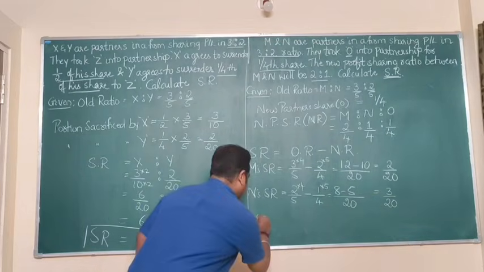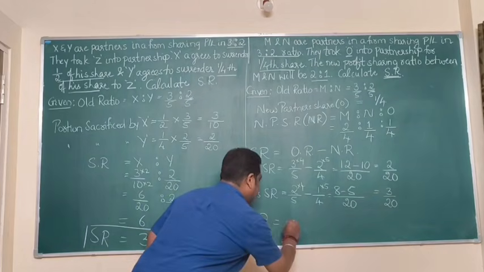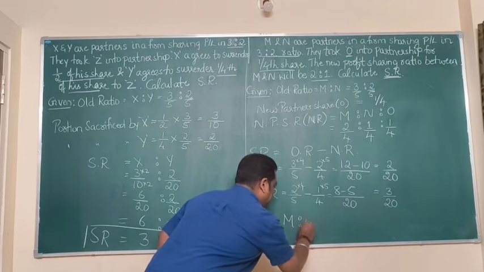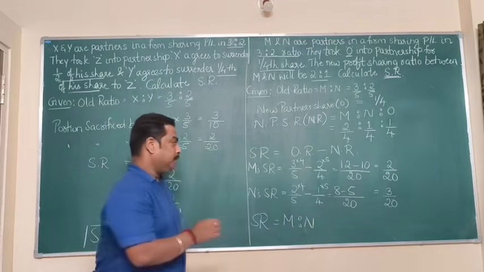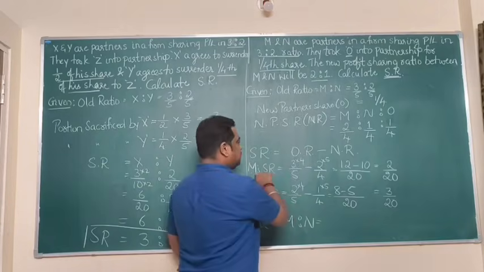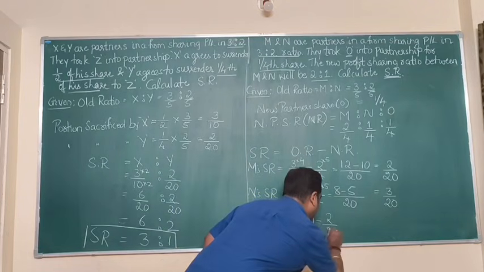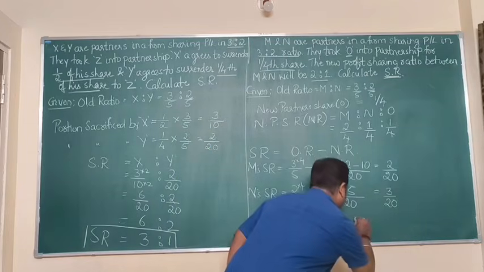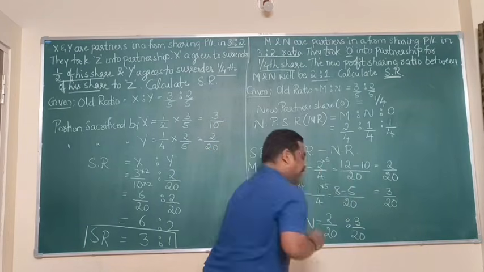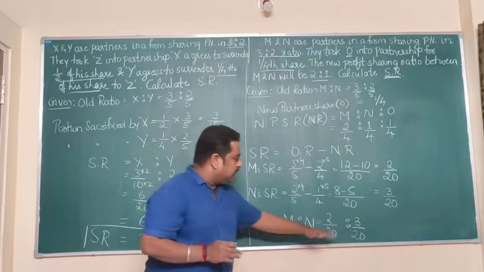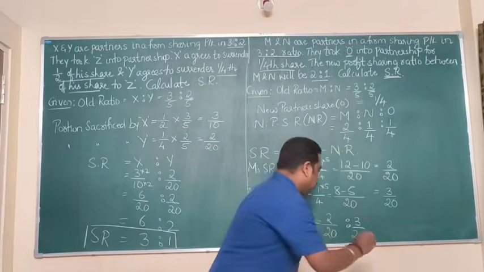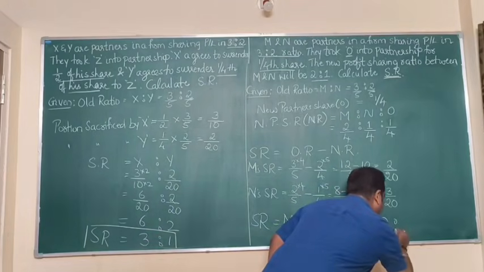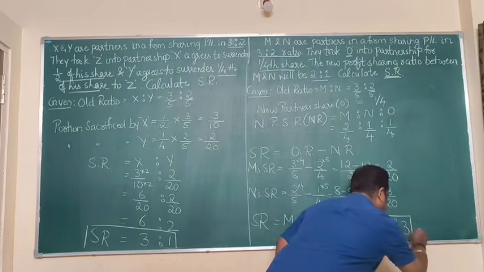So the final presentation of the answer: sacrifice ratio is equal to M:N. What is M's sacrifice ratio? 2/20 is to, what is N's sacrifice ratio? 3/20. So automatically the denominators have come the same. So our final answer will be 2:3.